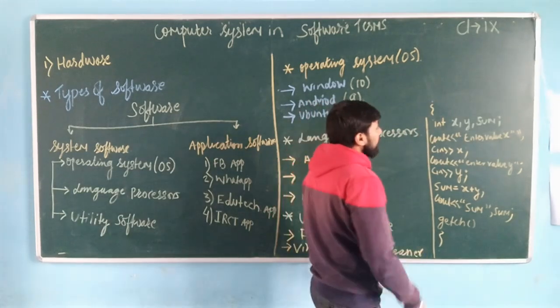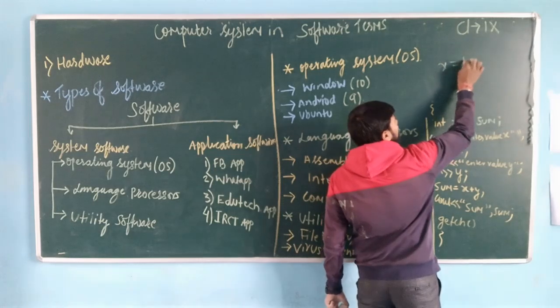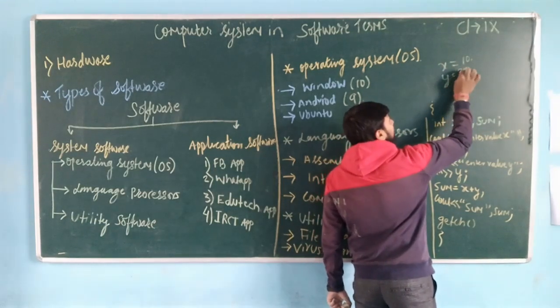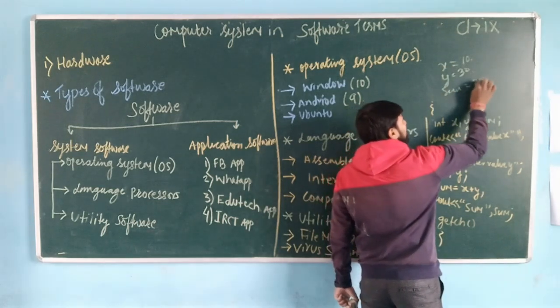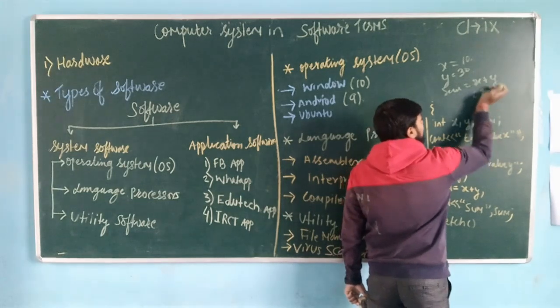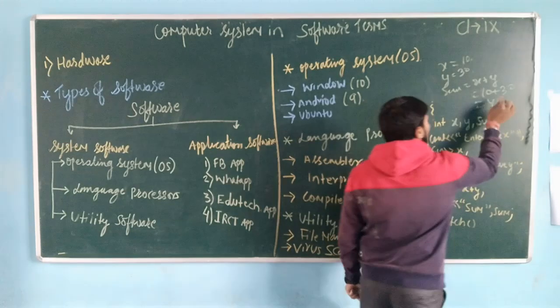This is simply to add two numbers. To add two numbers, x maybe you can take 10, y you can maybe take 30. Sum will be x plus y, that is 10 plus 30. How much are we getting? 40. That is the program.